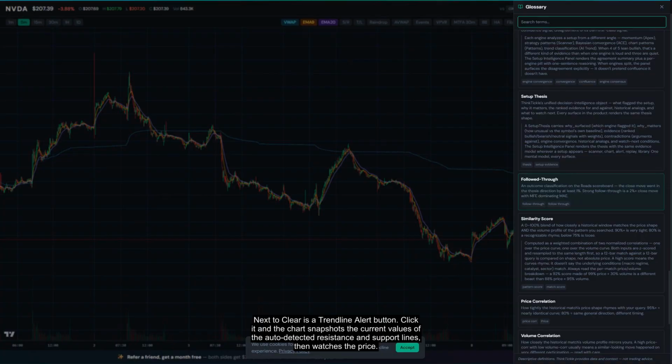Click it and the chart snapshots the current values of the auto-detected resistance and support lines, then watches the price. When price crosses either line, an alert fires. Useful for setting walkaway alerts on the breakout or breakdown setups you've identified but don't want to babysit.